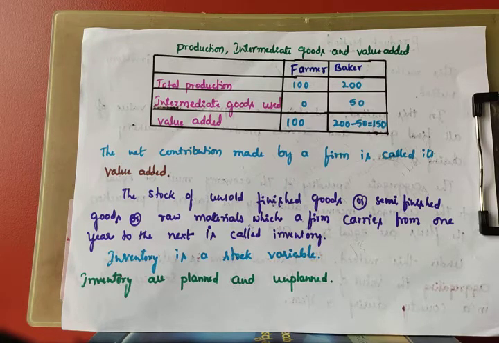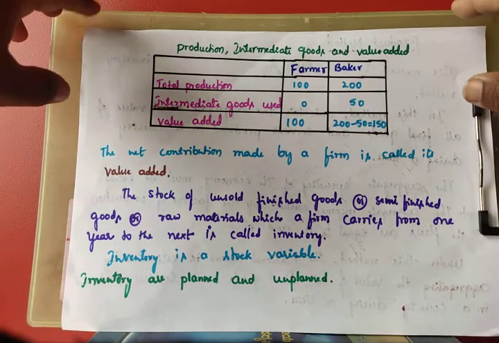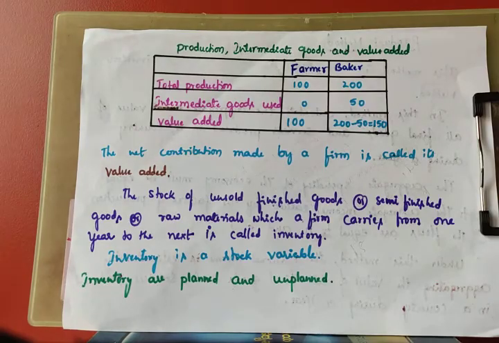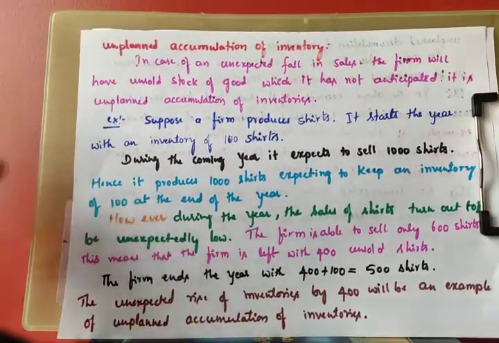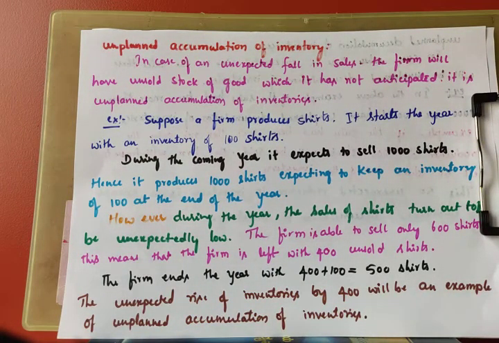The next topic is planned and unplanned, which we also have to discuss. The first example is unplanned accumulation of inventory. Inventory is a stock variable, the stock of unsold goods.